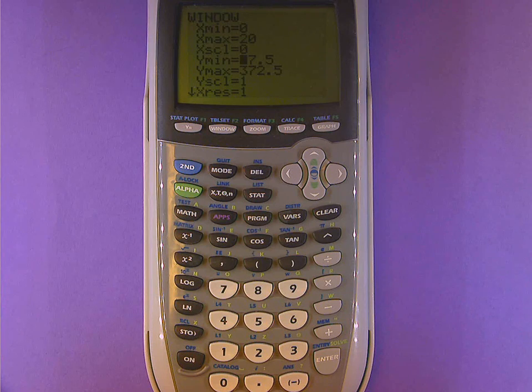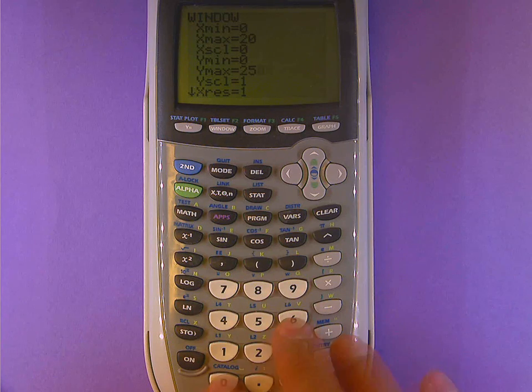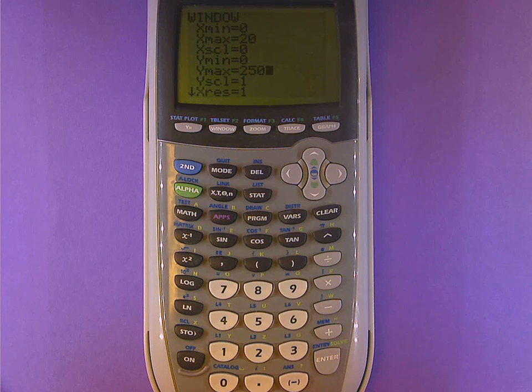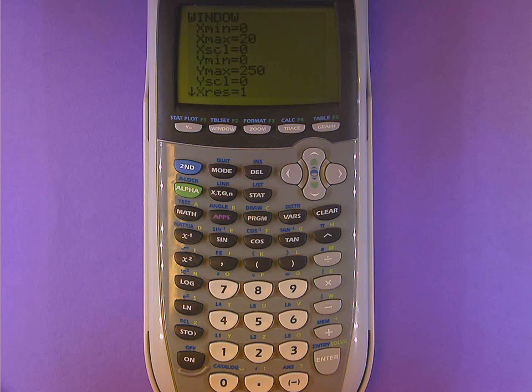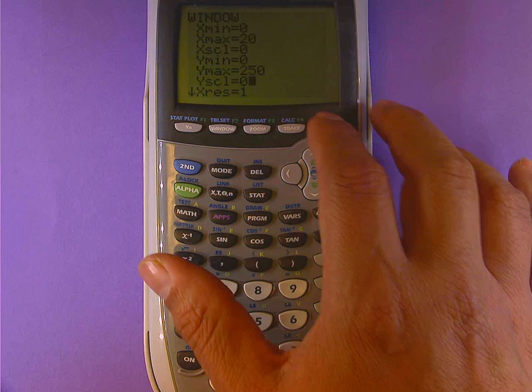Now the y minimum value. You can choose 100 if you'd like, or you can choose 0 if you like. But the y maximum, I need to see when this graph reaches 200. So I'm going to put 250 so I clearly see when the graph reaches 200. And I'm setting my scale at 0 because I don't like to see the little hash marks.